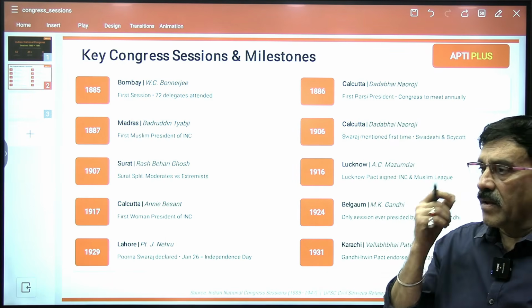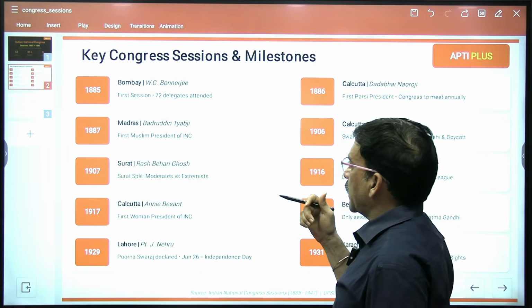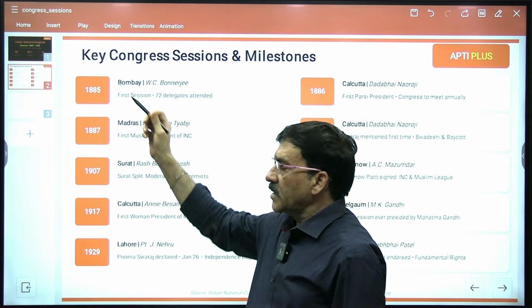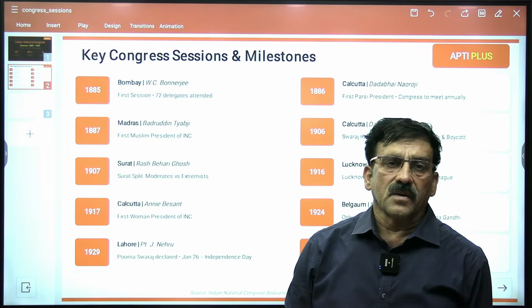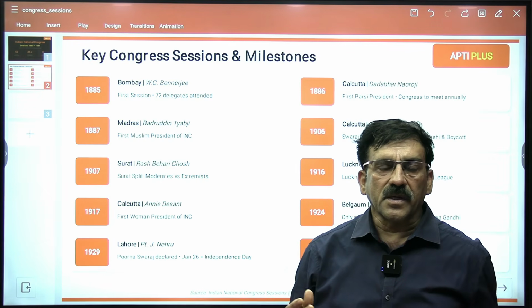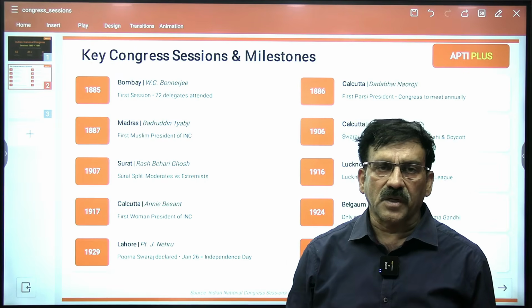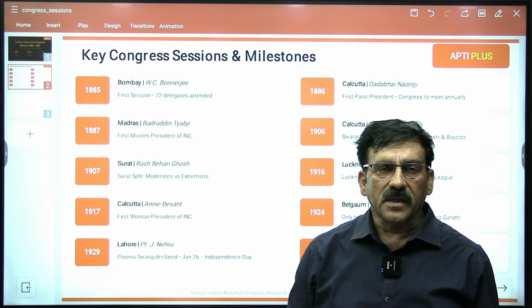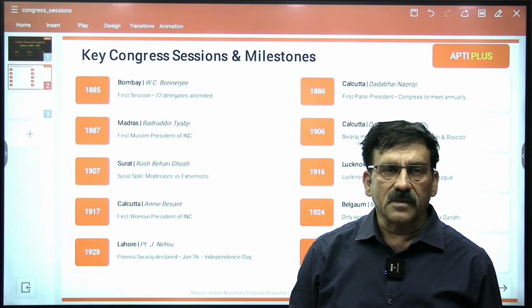So see here, when we start the journey, the first session of Congress which happened at Bombay was a turning point. A body which evolved as a safety wall gradually became a challenge against the British Empire.